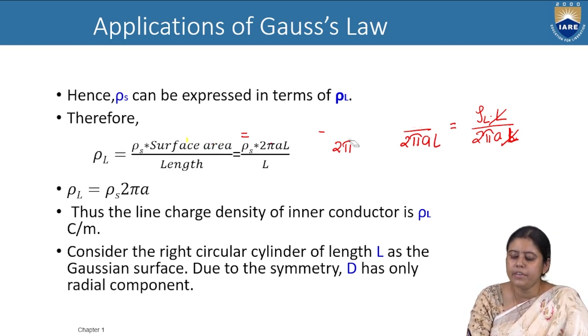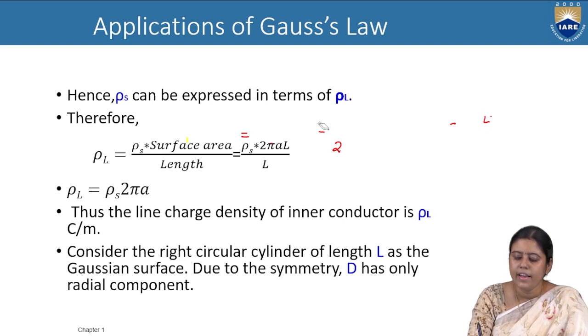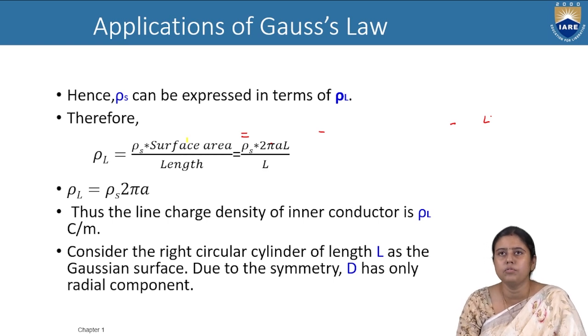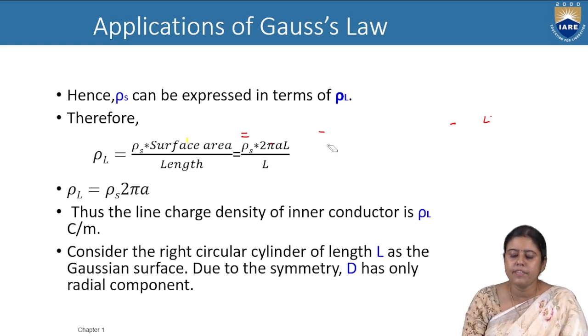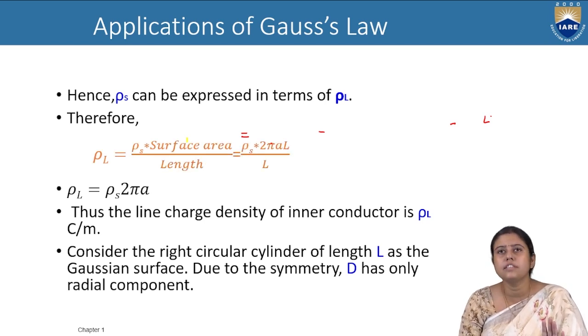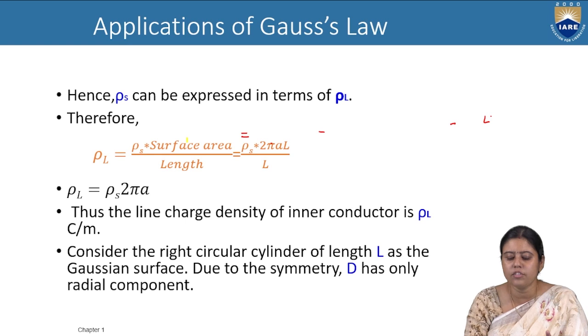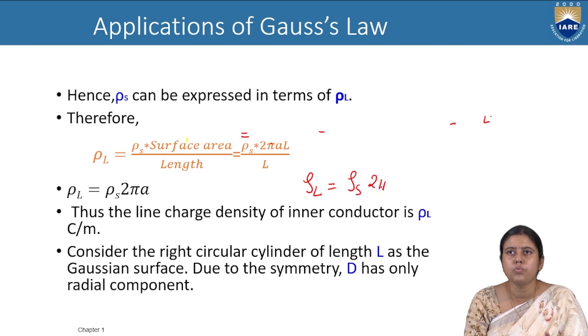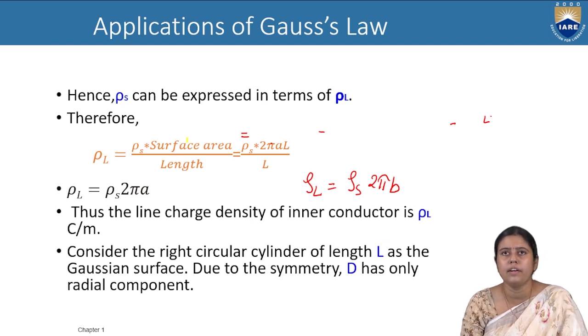Already I have discussed the relation: rho L is equal to rho S into surface area by length. Surface area is 2 pi a L. So from here we got rho L is equal to rho S into 2 pi a. Similarly, for the outer surface, rho L is equal to rho S into 2 pi b. This is for the outer one.